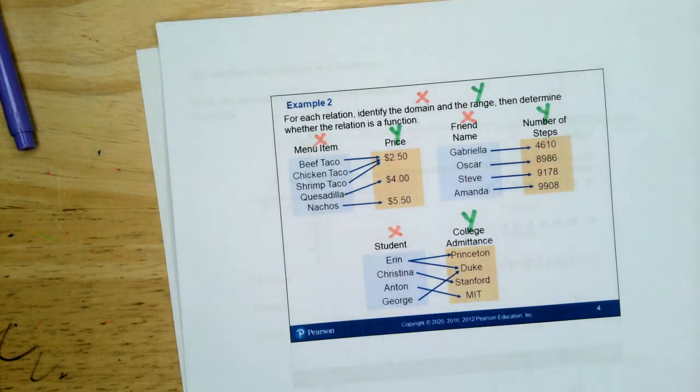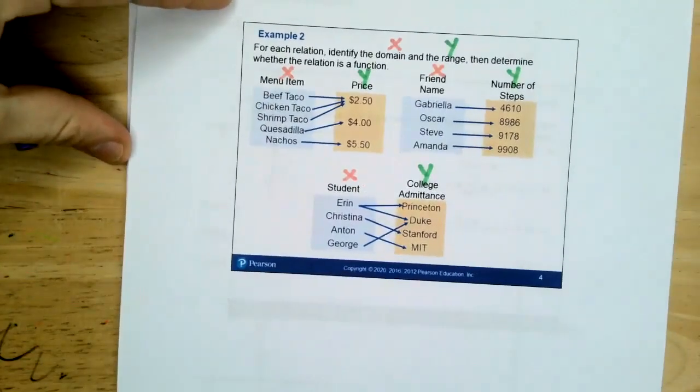For each relation, identify the domain and the range and determine whether the relation is or is not a function, okay? So for it to be a function, let's just write it right down here.